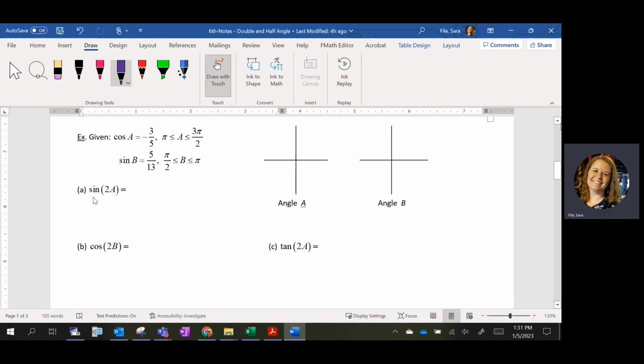If I want to just find sine of 2A, my sine double angle formula says that I can rewrite this, instead of 2A being my angle, I can get it to a single angle by writing this as 2 sine of A times cosine of A.